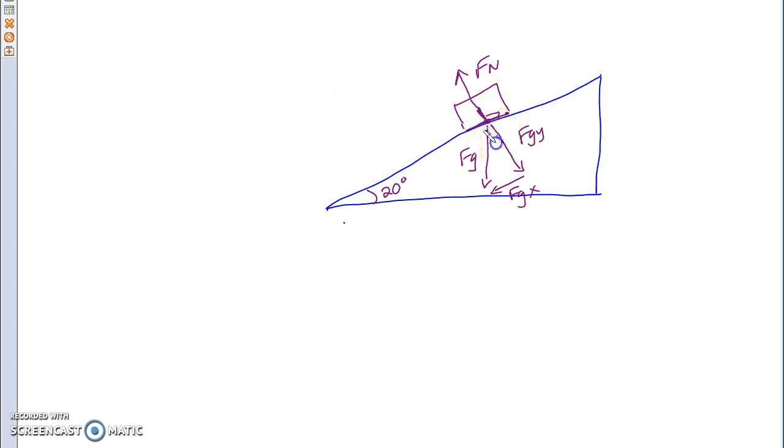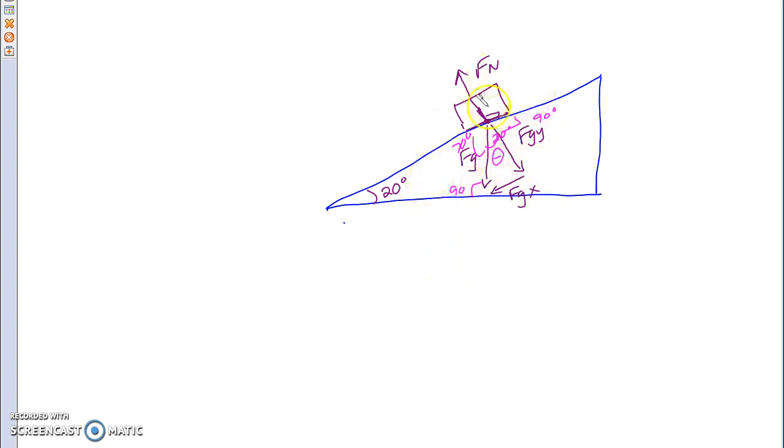The way we broke it down was, if this is 20 degrees, and this is 90 degrees, and this is 70 degrees, then this right there would be 20 degrees. Just from basic math knowledge that you've gained over the years.